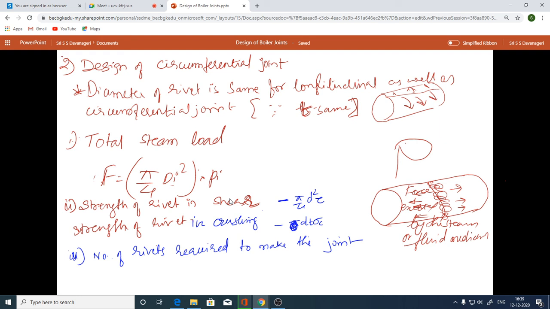Let us denote this as capital N. This is equal to the total steam load divided by the minimum of shear or crushing strength.